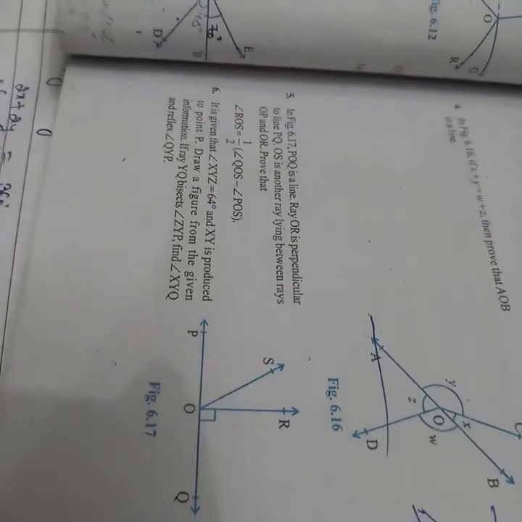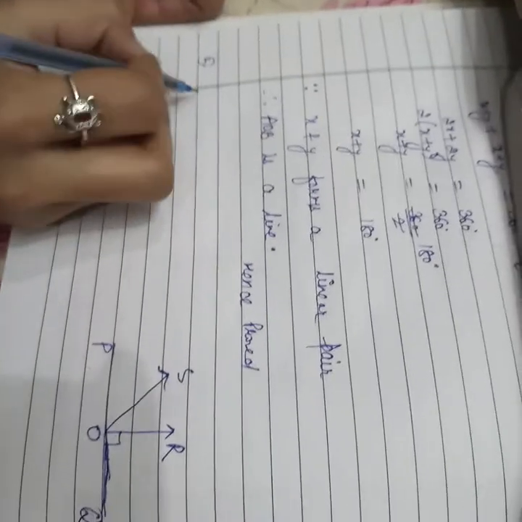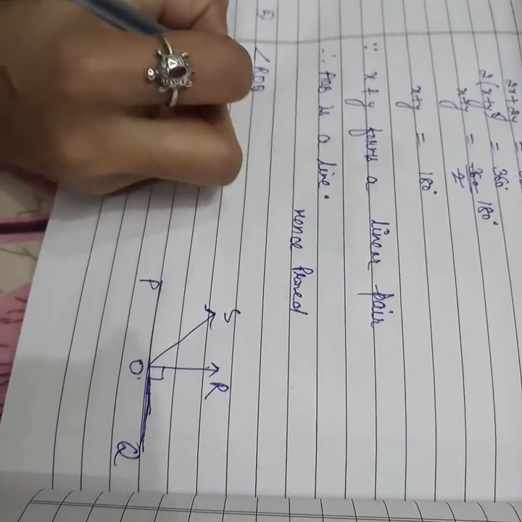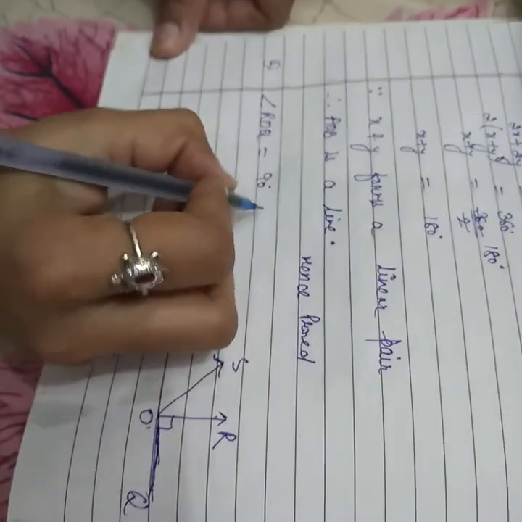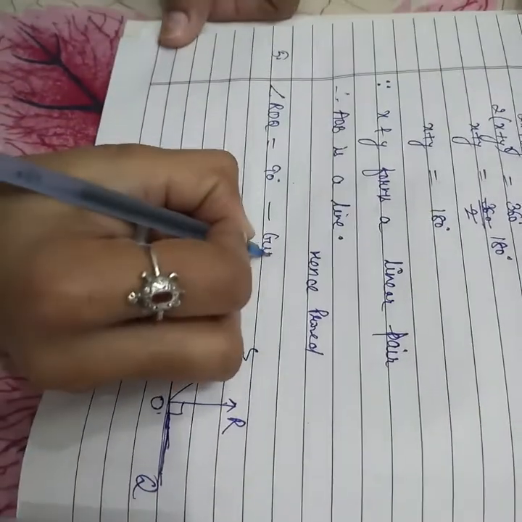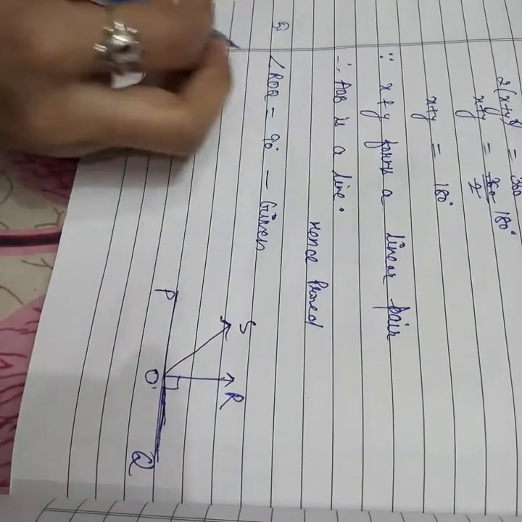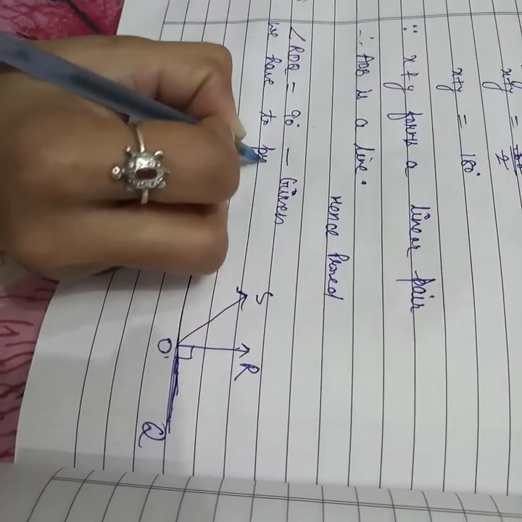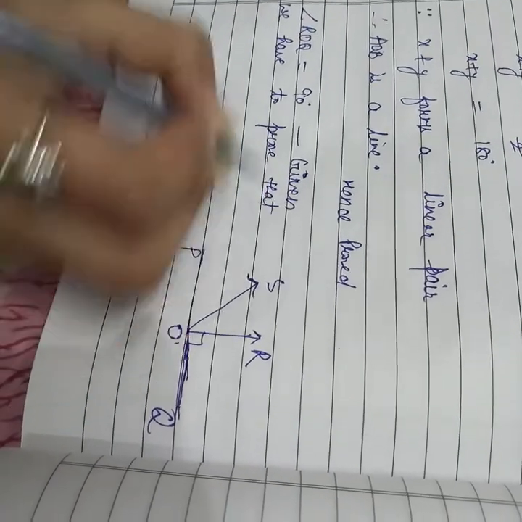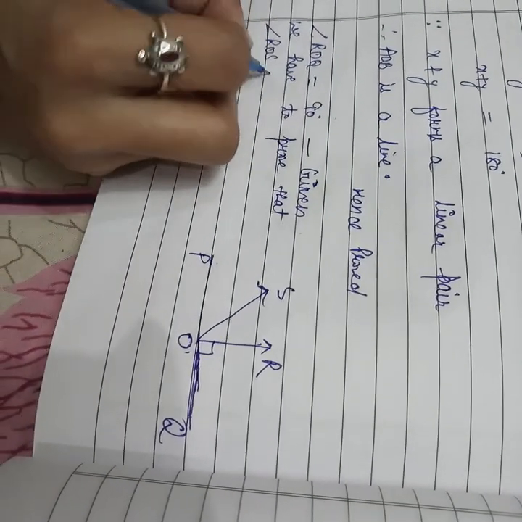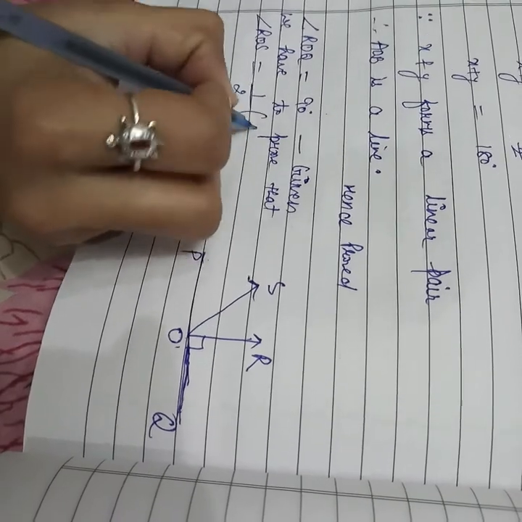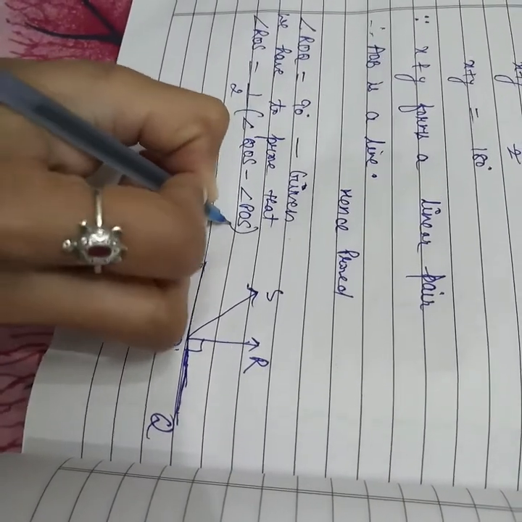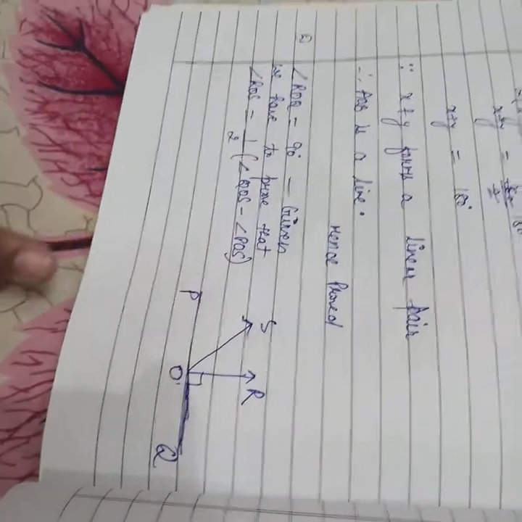Here angle ROQ equals 90 degrees, that is given, and we have to prove that angle ROS equals half of angle QOS minus angle POS, that is we have to prove this.